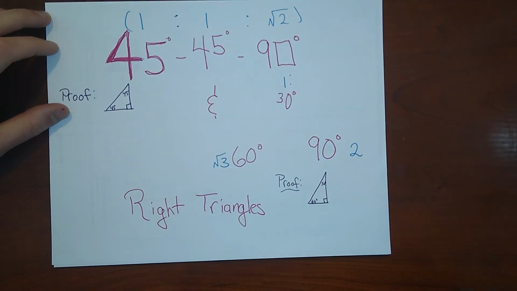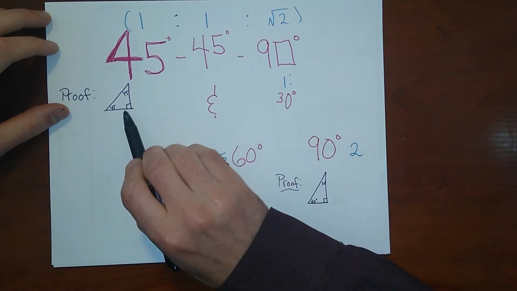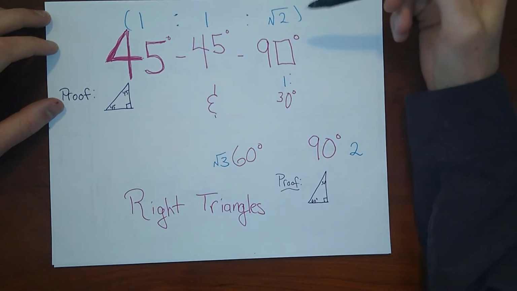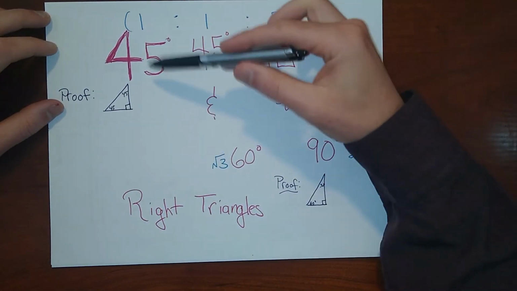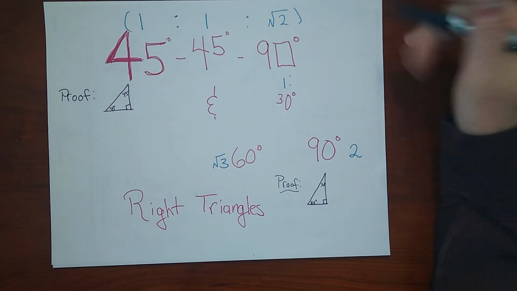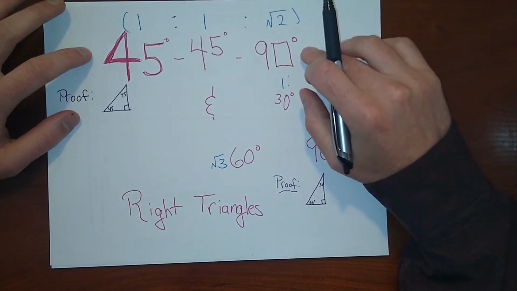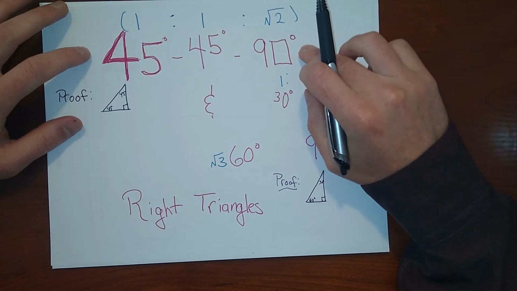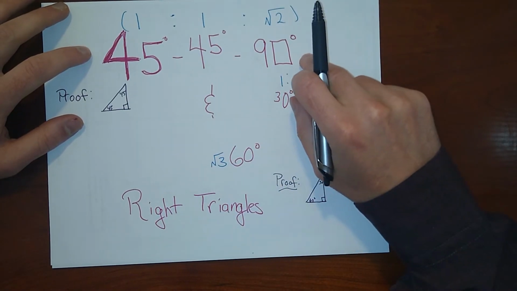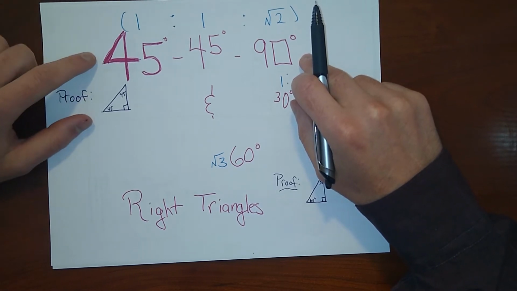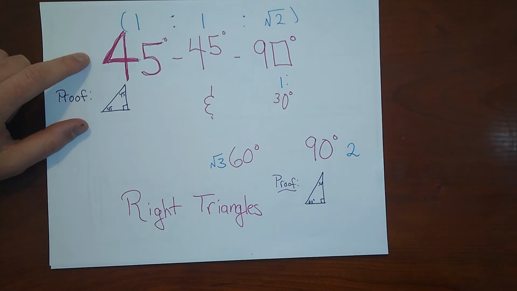So anytime you have a 45-45-90 degree triangle, where the three angles in the triangle are those angle measures, it turns out that for whatever size of triangle that is, they're all going to be similar. Every 45-45-90 triangle will be similar to any other because the angles are the same, and that's one of the things we can use to prove similarity, the angle similarity postulate.